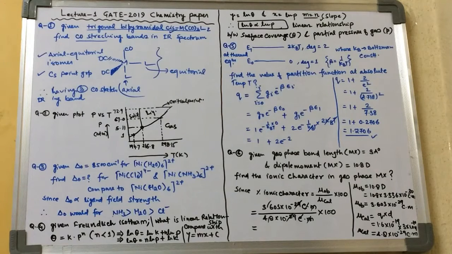Here is given a plot of pressure versus temperature, as I draw on the board, with options A, B, C, D. Reading the first statement: at 200 kelvin, on increasing the pressure from 1 to 50 atm, CO2 gas condenses to liquid. Is it correct or incorrect?